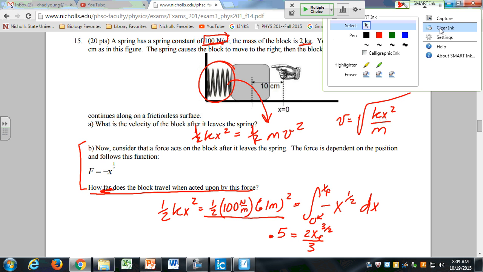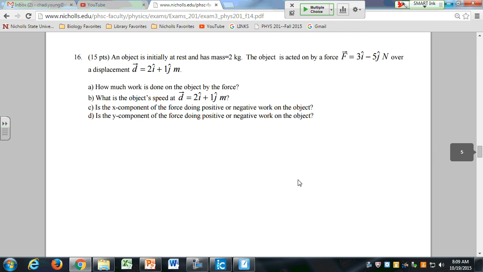Okay, the other big thing is, well, you will have to do a dot product too. So just to recall, a dot product is just F dot d. I just want to know the work done by the force.